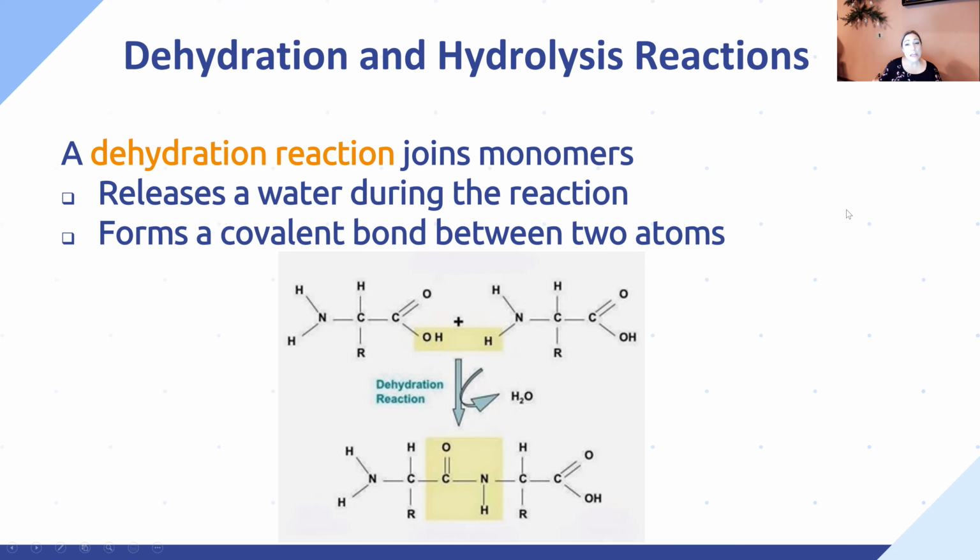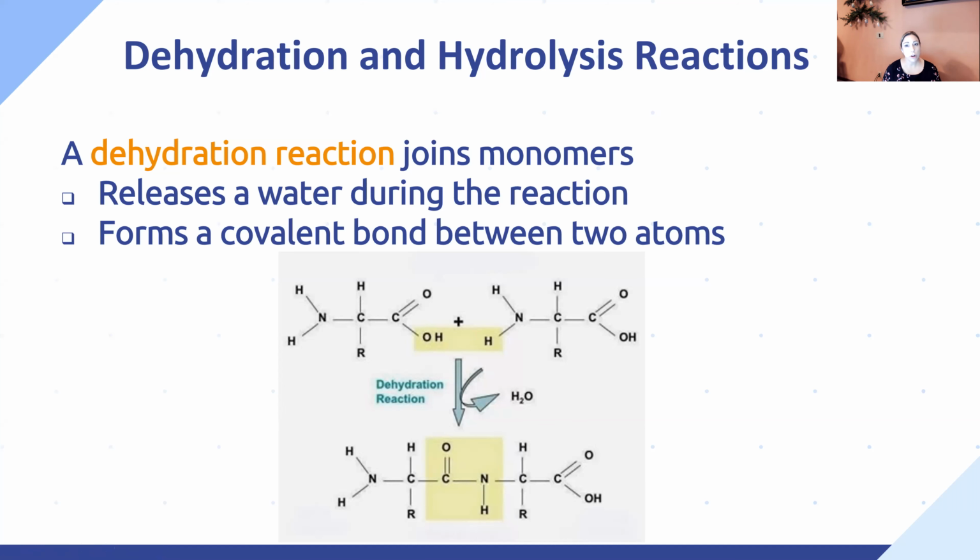Okay, so we have a dehydration reaction. So what do you think of when you think of being dehydrated? Well, your body is losing water. Water is being released from your body. So as I said, water is being released.